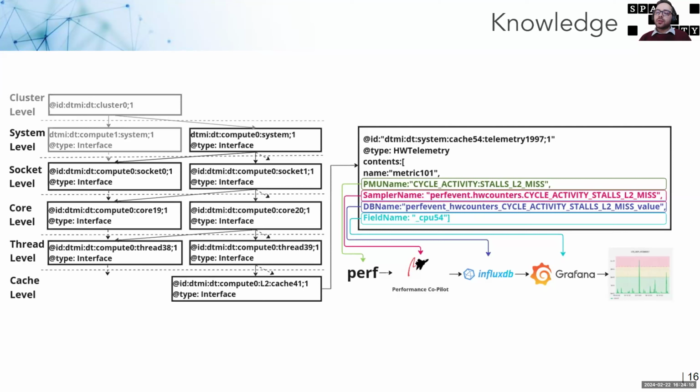SuperTwin integrates all of these frameworks into each other, and to be able to do that, on top of the name of the metrics and properties and topological information, it keeps the aliases, or we can say parameters, to configure these frameworks to sample or query these individual components.